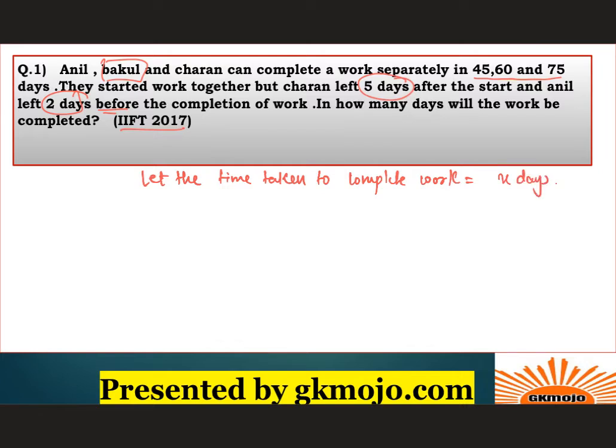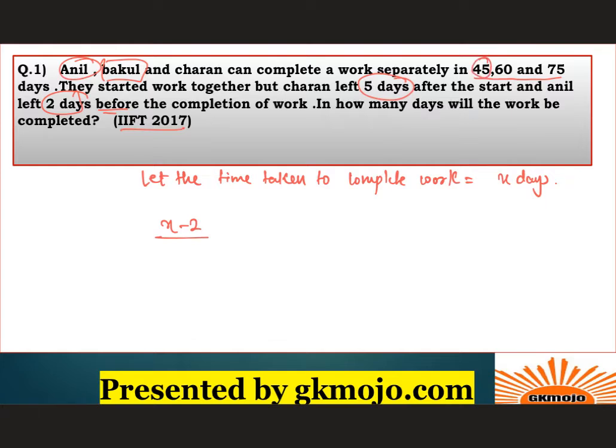We have just assumed that the complete time taken is x days, so we'll form the equations. According to the time and work equation, Anil worked for x minus 2 days because he left 2 days before the completion of the work, and he takes 45 days to complete the work.